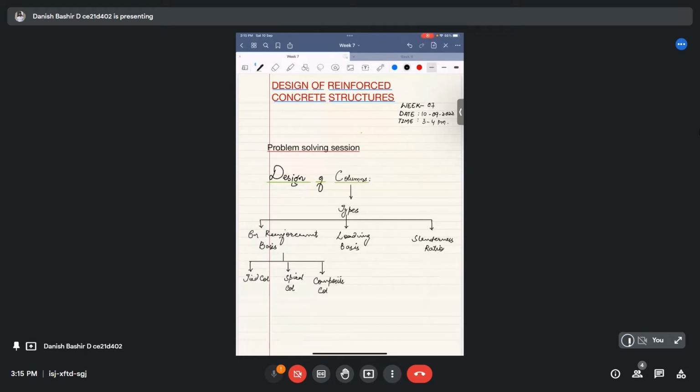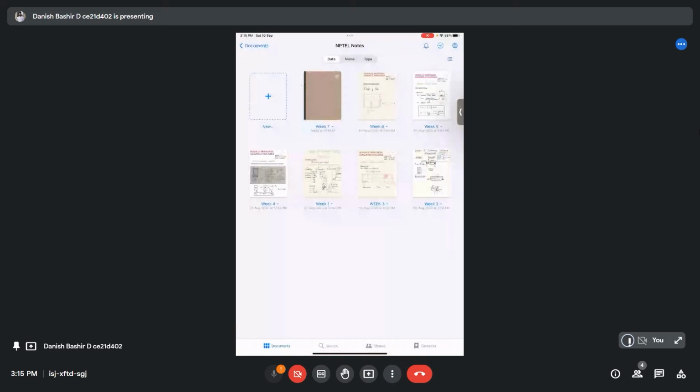What happens in tied columns is that the main reinforcement in the column is the longitudinal bars, which are predominantly carrying the compressive axial forces.